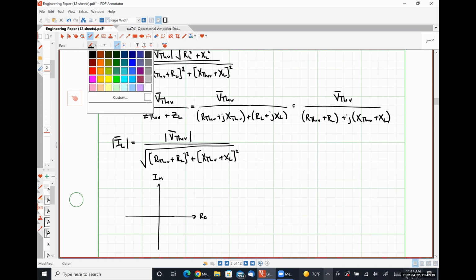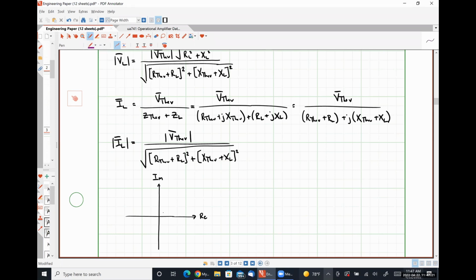So let's say that this vector represents ZL.